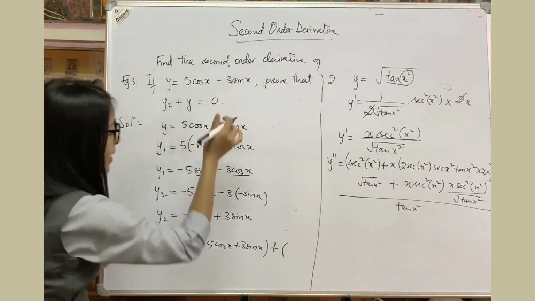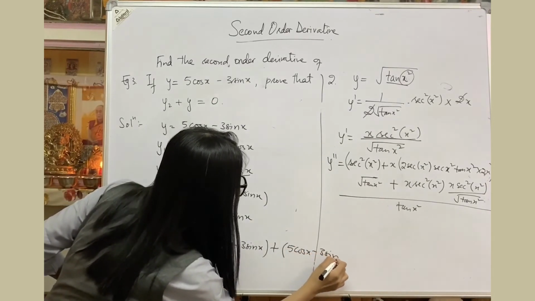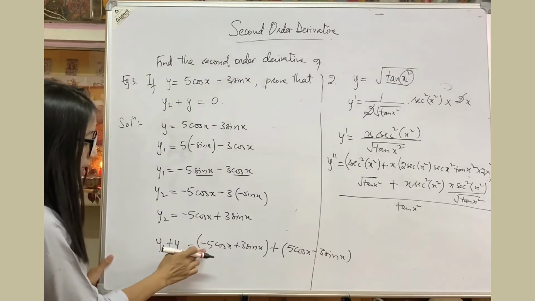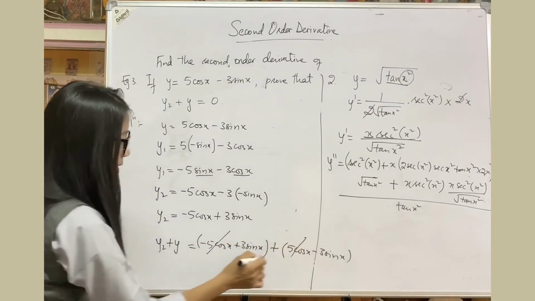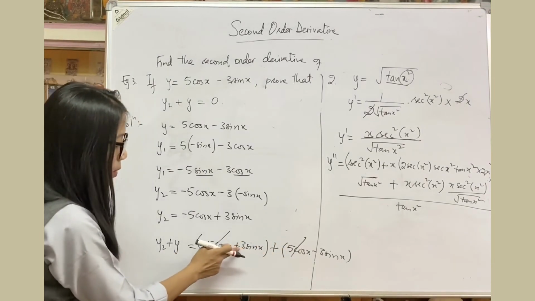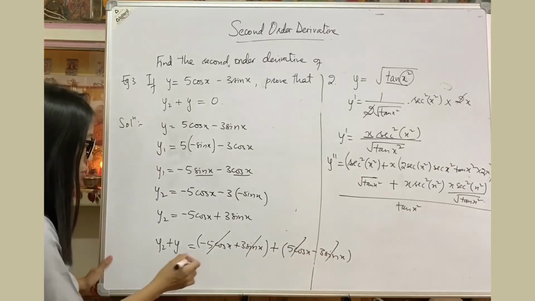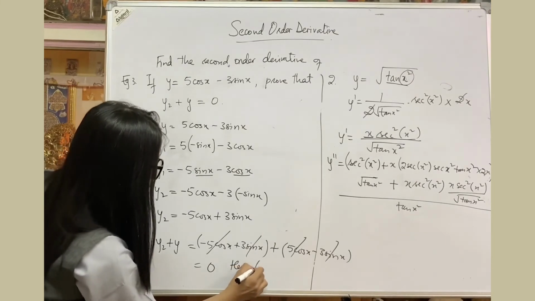This is your y, so that is 5 cos x minus 3 sin x. Now we'll solve this. Negative 5 cos x plus 5 cos x, these two will get cancelled, right? Plus 3 sin x minus 3 sin x is equal to 0. So this is equal to 0, hence proved.